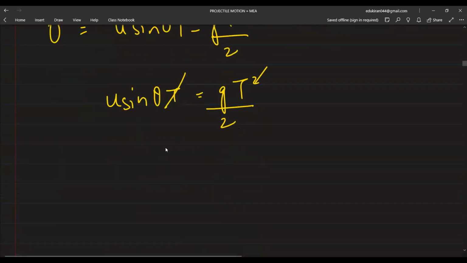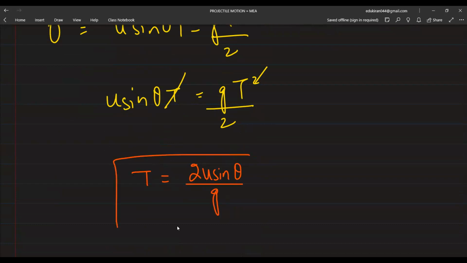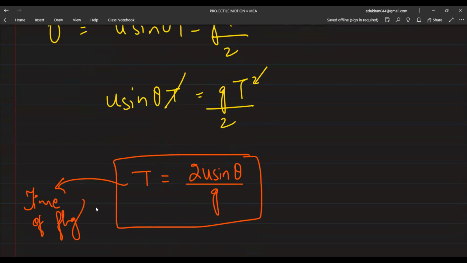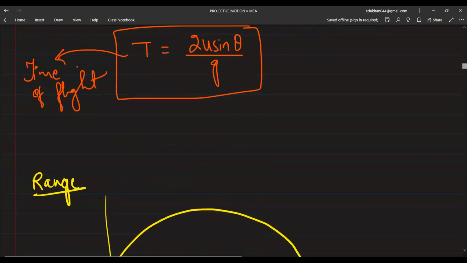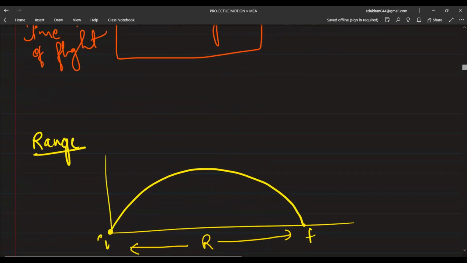So when this goes on the other side, t is equal to 2 u sine theta divided by g. This is the formula for the time of flight. All right, time of flight. Fine. Write down this.